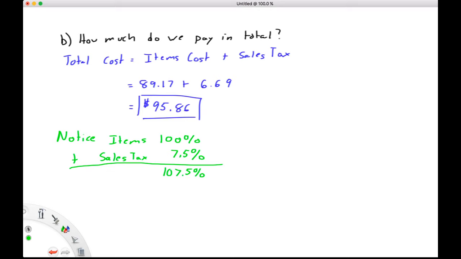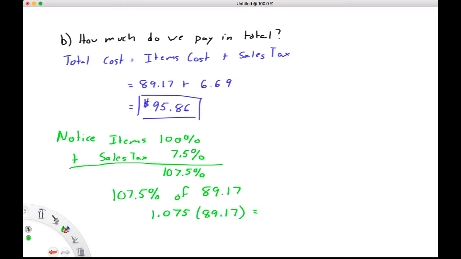Now, notice what happens here. If we took 107.5% of the item's cost, this would be 1.075 times 89.17.